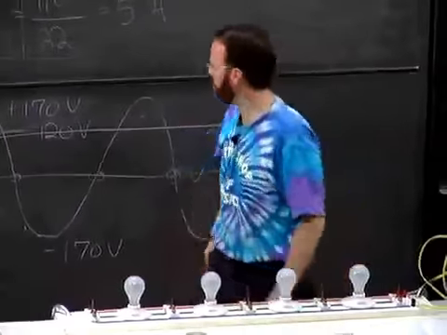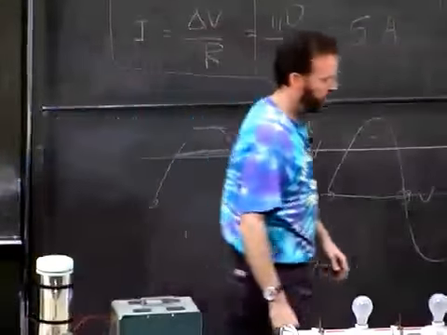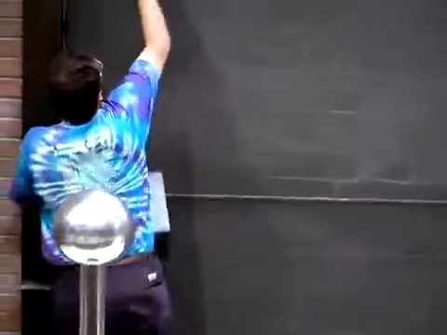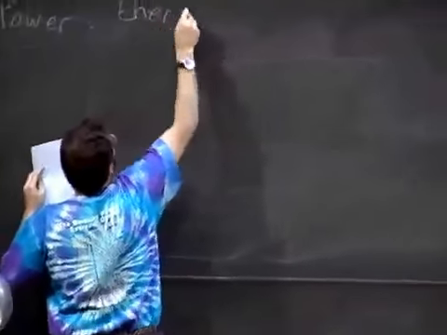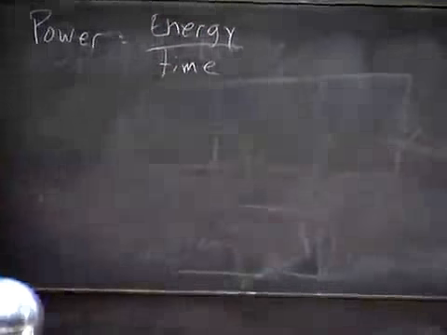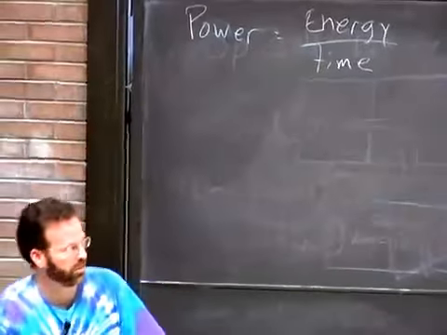So how do we figure out this power? Because the electric company wants to charge us. In general, this whole semester, power has been energy per time. How fast you use up that energy.